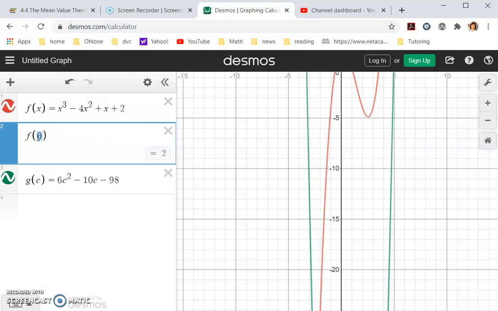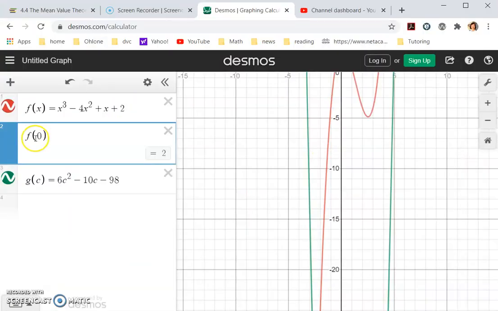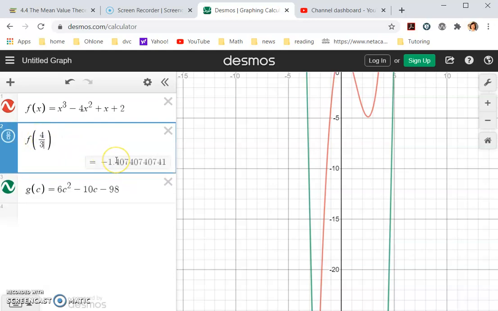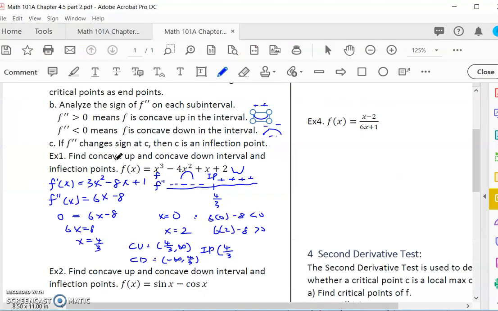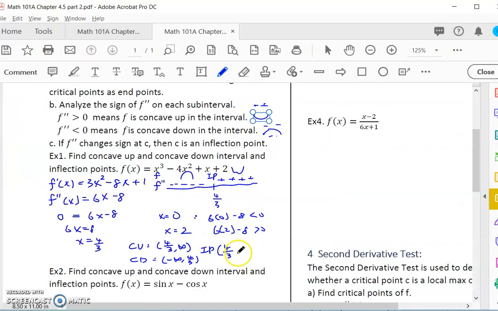What was it? 4 over 3? Yeah, 4 over 3. f of 4 over 3, what is the value? It is negative 1.407.